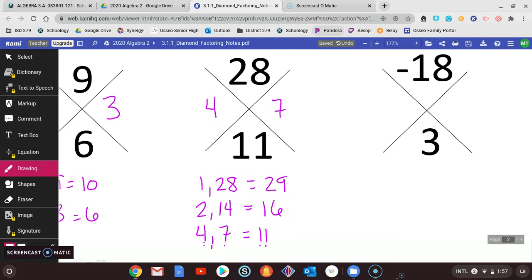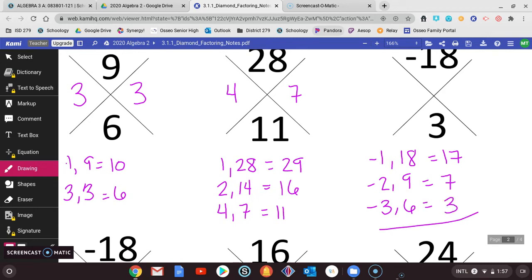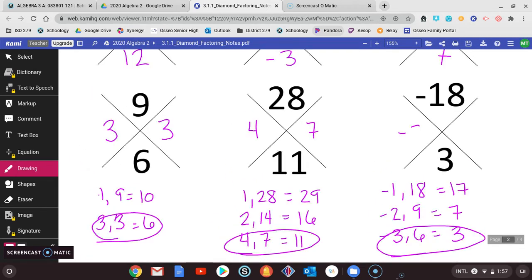So negative 18 is negative 1 and 18, negative 2 and 9, negative 3 and 6. So when I add, I get 17, 7, and 3. So here, I guess I could circle the ones we're using. So this is negative 3 and 6. Now you could have switched those two. It does not matter which one goes on the left and which one goes on the right.